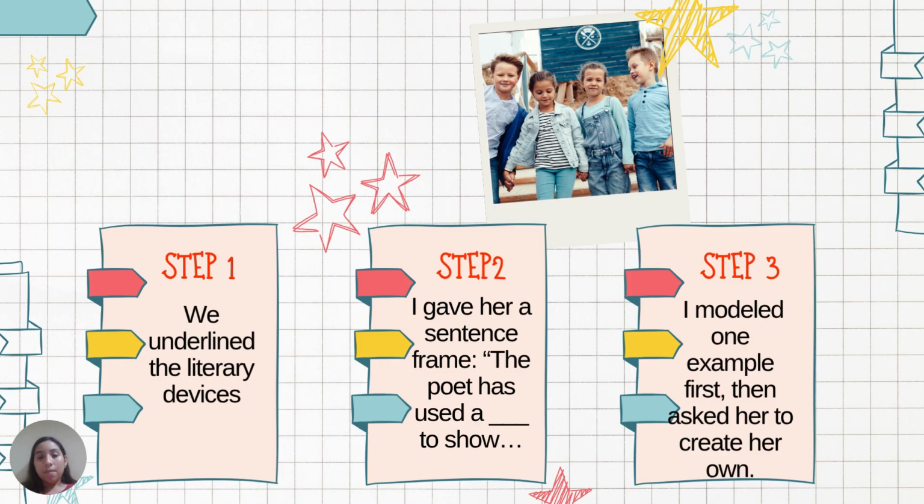The third step, I modeled one example first for her, and after that, I asked her to create a new one. And the last step, she wrote her own paragraph using all the guidance that I gave her, or the steps or the advice that I gave her before.